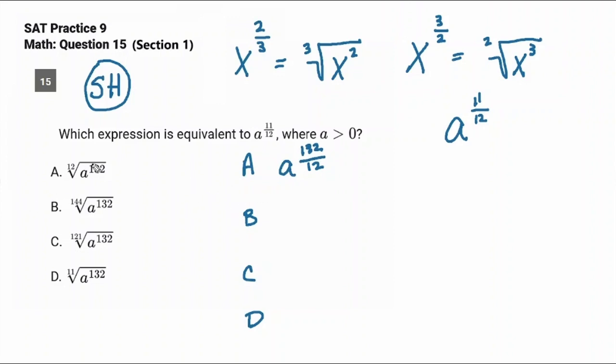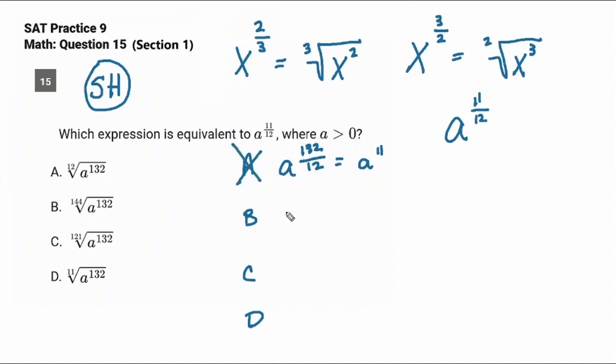Now, can you reduce 132 and 12? You know that 12 squared is 144. 144 minus 12 is 132, so you know these numbers work. 132 divided by 12 is 11. So this is a to the what? A to the 11th. You were looking for a to the 11/12, so that's gone.